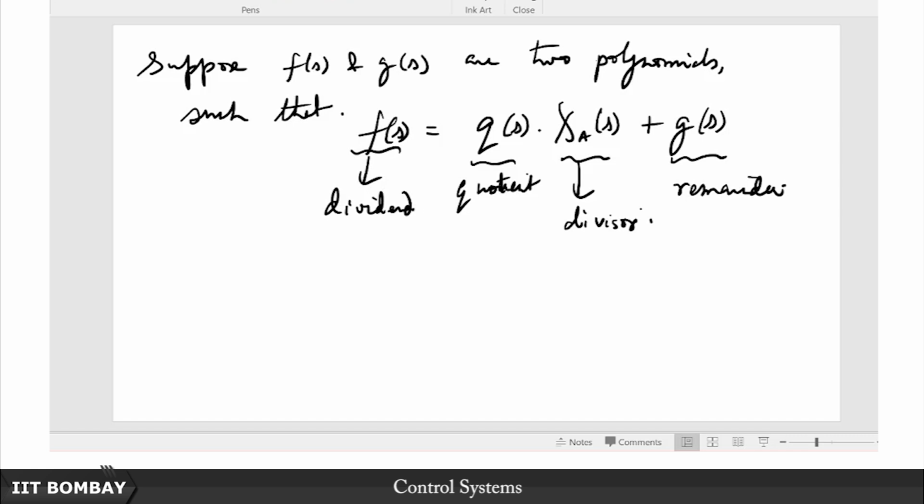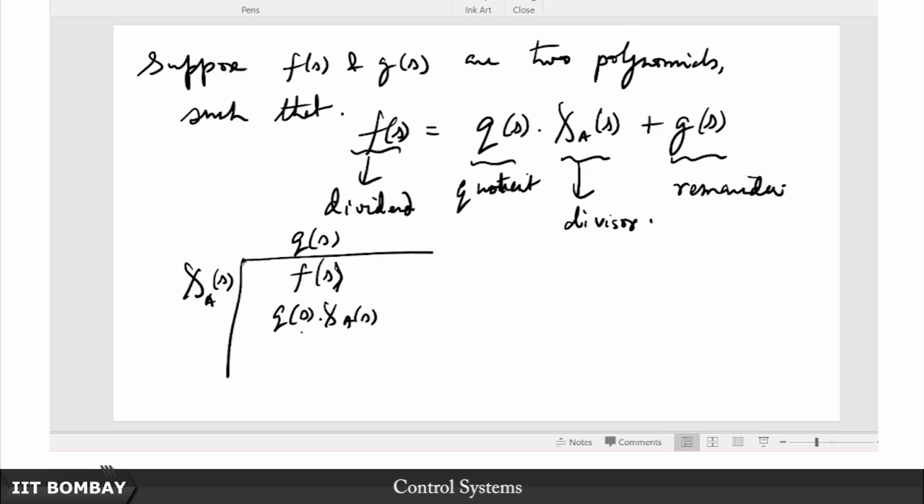So essentially what it means is that, like we used to do in middle school algebra, you take this F(s) here and you take this chi(s) here, so this is your divisor and you get this quotient here. Then you write this quotient times the chi A of S here and you subtract it from this, and what you are left with is the remainder.